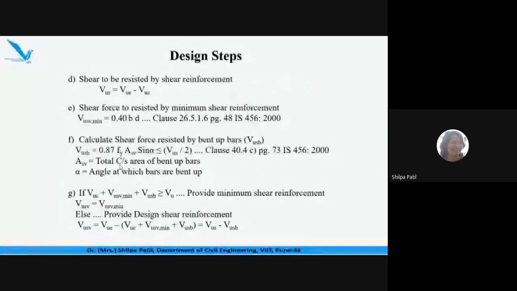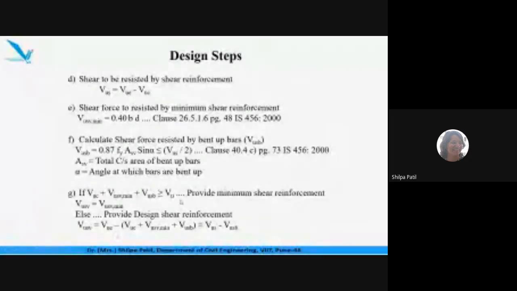And then we check the total shear force resisted by all these three provisions: concrete, minimum shear reinforcement, and bent up bars. If that combined effect is greater than the total shear force acting on the beam, then we need to provide only the minimum shear reinforcement. If not, then we need to design the shear reinforcement, which is calculated by this.